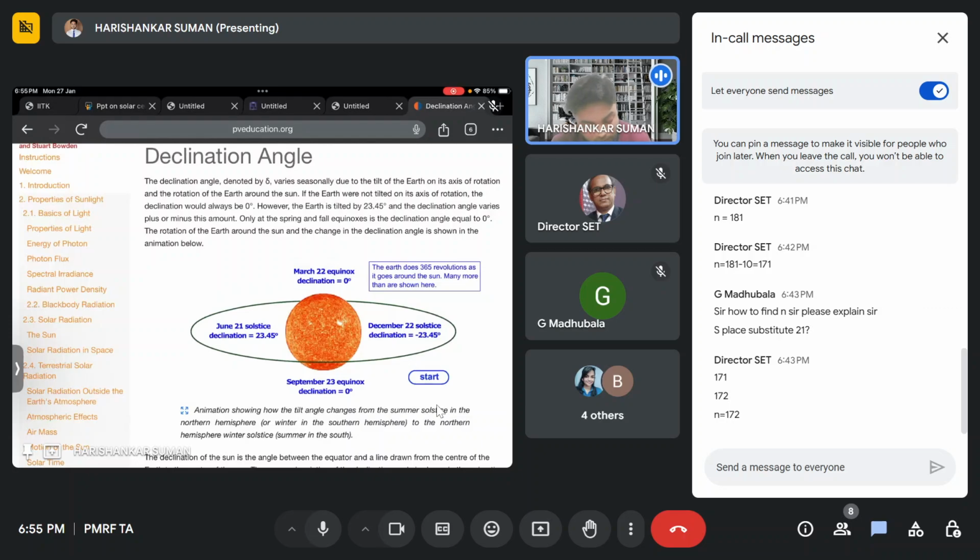We have solved the question, but let's see the animation. Are you able to see the animation? In this, the sun and our earth are rotating like that.